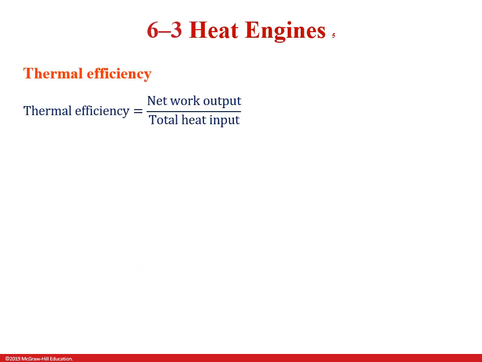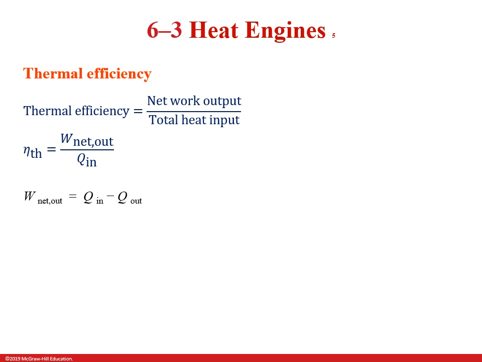Let's talk about thermal efficiency. Thermal efficiency is basically the net work output over the total heat input, right? So you got work out of your process by putting heat in. And the thermal efficiency is denoted by the Greek letter eta, eta sub th. And you can see it's written net work out over Q in.